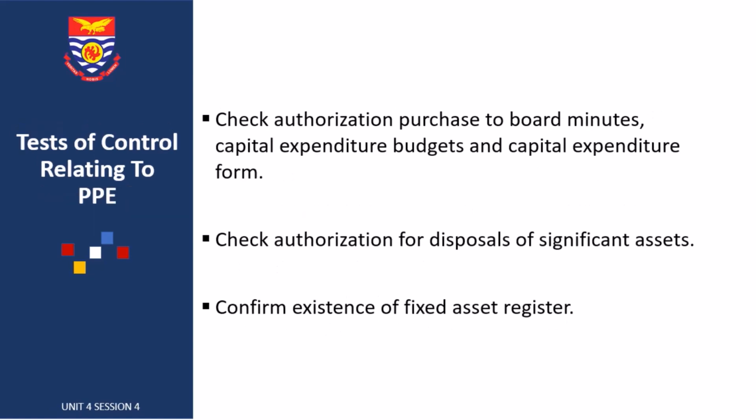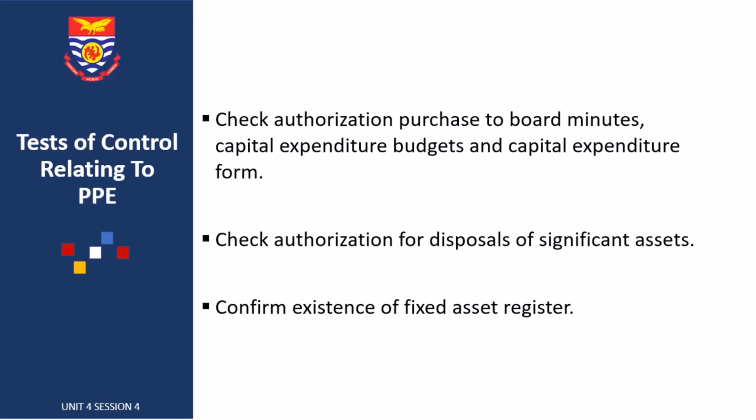Now, we also have the test of control relating to PPE. So you have to check the authorization purchase to board minute, the capital expenditure budget, and the capital expenditure form.